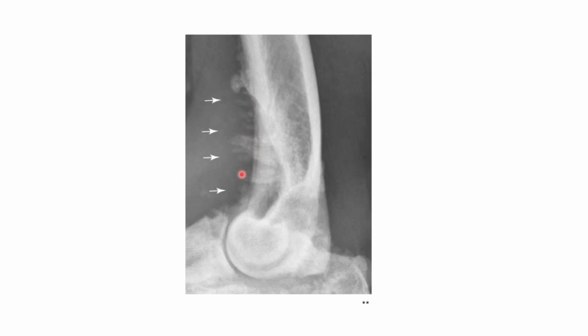So this is an example of a columnar periosteal reaction, sometimes referred to as palisading. I think columnar is more appropriate, given that these little focal areas of raised periosteum look to me like little Roman columns. So this is an example of a columnar periosteal reaction, and again associated with aggressive bone disease.